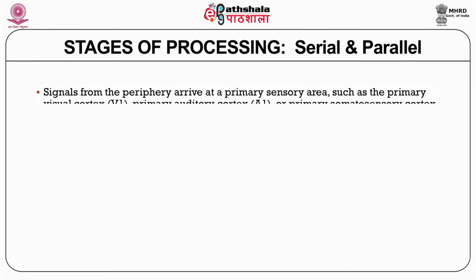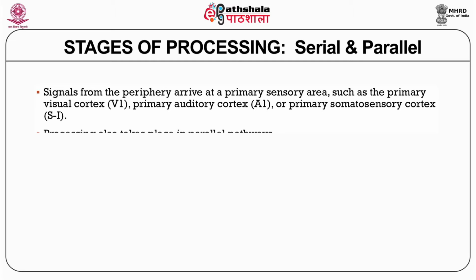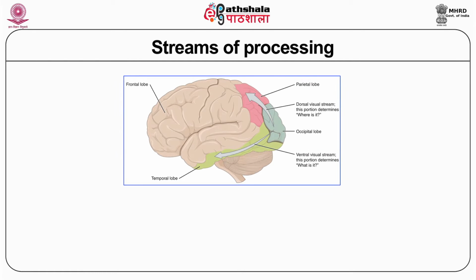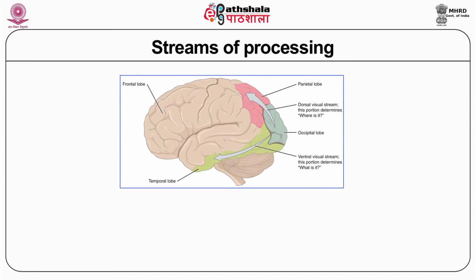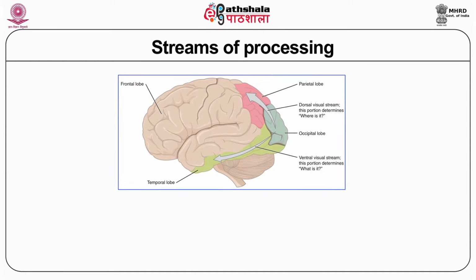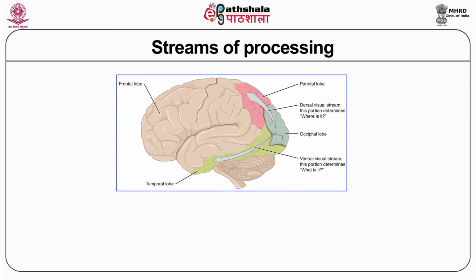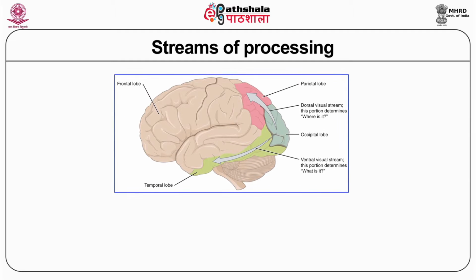Within each sensory system, be it visual or auditory, signals from the periphery arrive at a primary sensory area, such as primary visual cortex V1 in case of the visual system, or primary auditory cortex A1 in case of the auditory system, or S1, which is the primary somatosensory cortex. Processing also takes place in parallel pathways. In the visual system, two parallel pathways terminate in different higher order areas of cortex, the dorsal stream and the ventral stream.